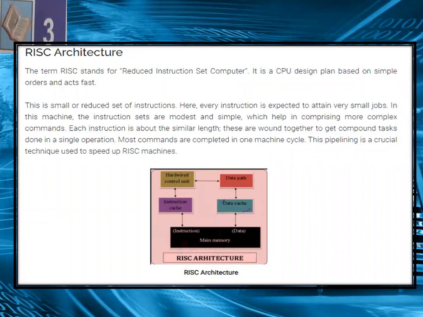RISC CPUs require fewer transistors, which makes them cheaper to design and easy to manufacture. Examples of RISC processors are IBM PowerPC, Sun SPARC, mobile phones, and tablet PCs. So RISC basically is a simple system and architecture which you can use in your computer system.